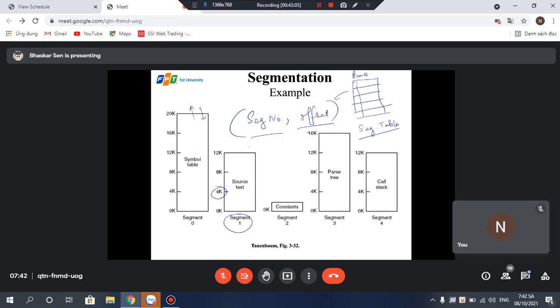What we store in the segment table is very interesting. The segment number: 1, 2, 3, 4, 5. Its limit value.